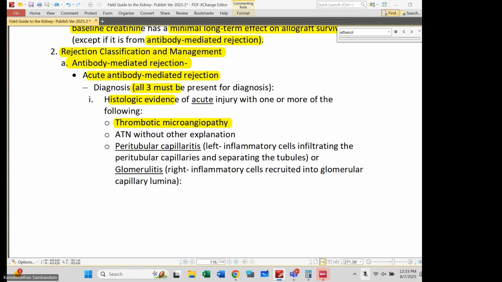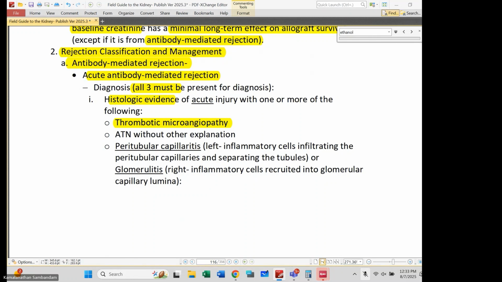It also could be calcineurin inhibitor toxicity, right? Or it could be malignant hypertension, or it could be a recurrence of atypical HUS, right? Those are all possible explanations for a thrombotic microangiopathy. Again, AMR is one of your differential diagnoses.